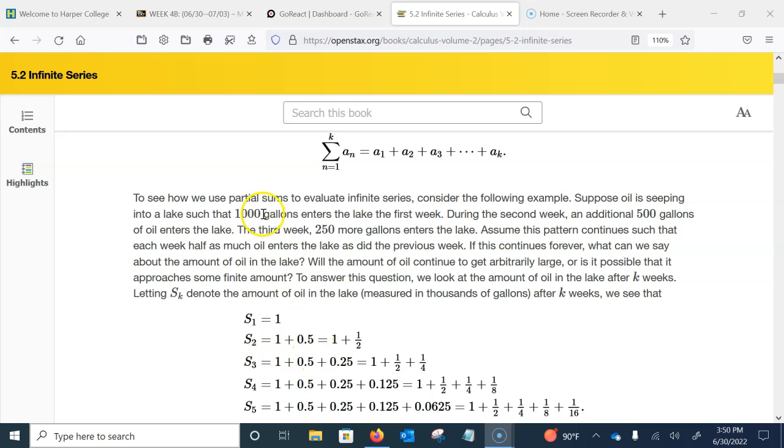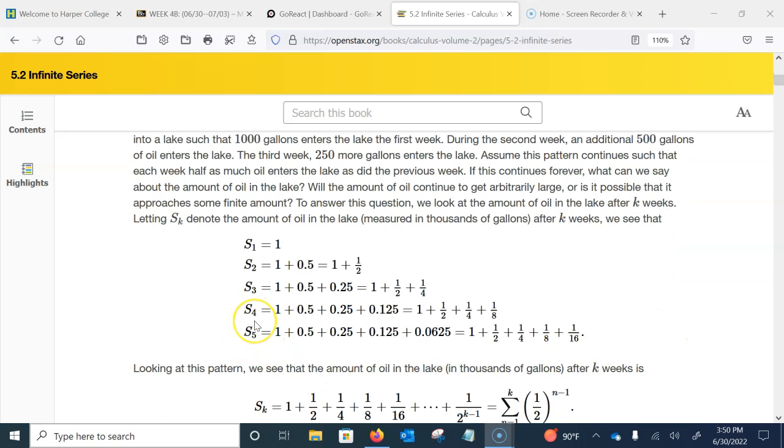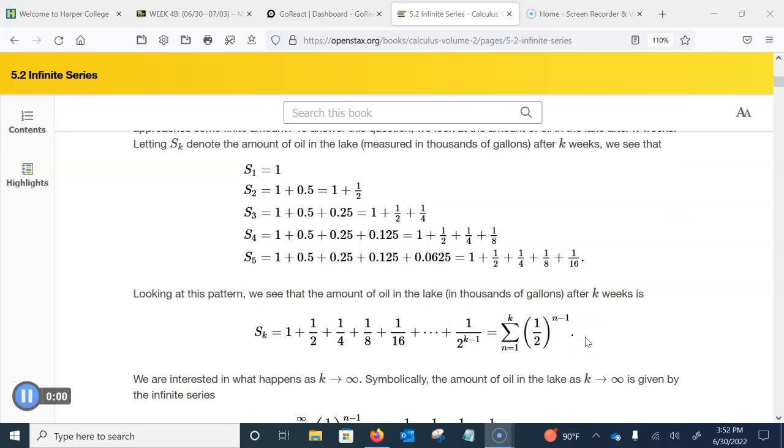That's representing 1,000 and 500. Okay, and that's 1 plus 1/2. The first three terms are 1 plus 0.5 plus 0.25. So you'd have this, etc. The sum of the first 4, here they are explicitly written out. The sum of the first 5, again, explicitly listed out.